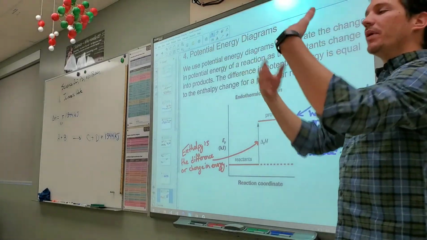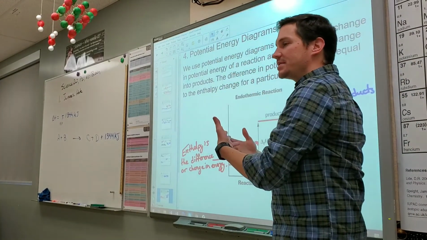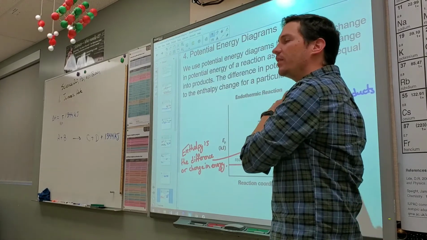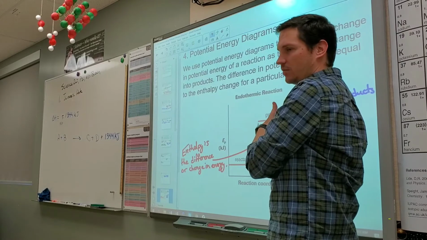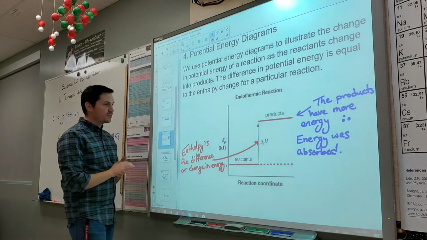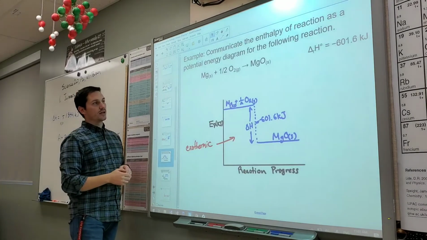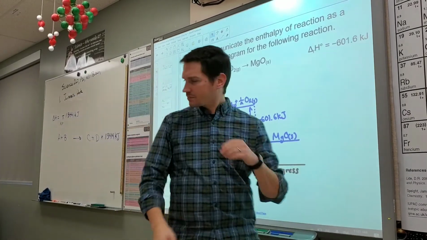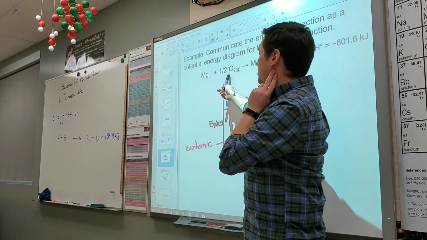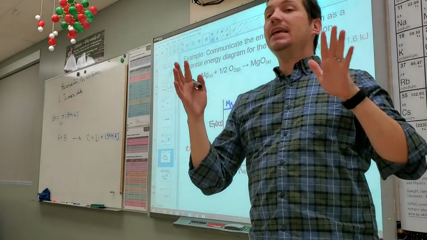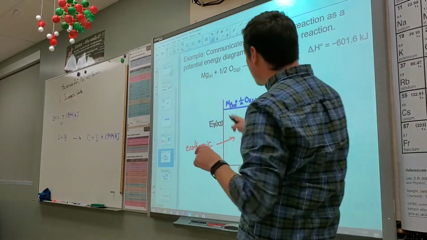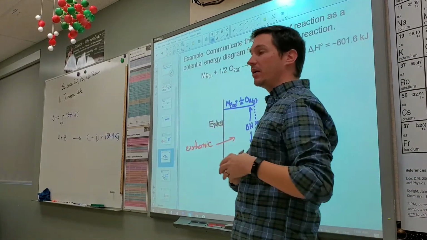When I rearrange the chemical bonds between atoms, what I'm doing is altering the potential energy of the system. The only way I can really explain that is by taking a look at an example. Here, magnesium and oxygen really want to be together. Magnesium atoms and oxygen atoms really, really want to be paired up with each other.